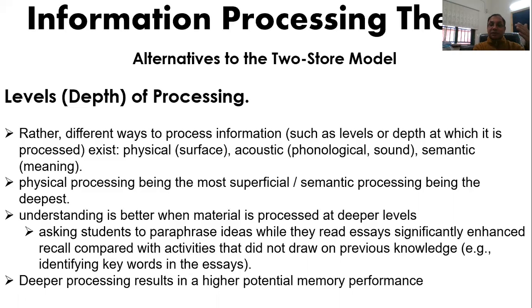For example, again, let me go back to the photosynthesis example. So what is photosynthesis? The process of photosynthesis, that is surface learning. And then you go into semantic learning, then you're going to look at a deeper level. What is the connection between photosynthesis and the plant?